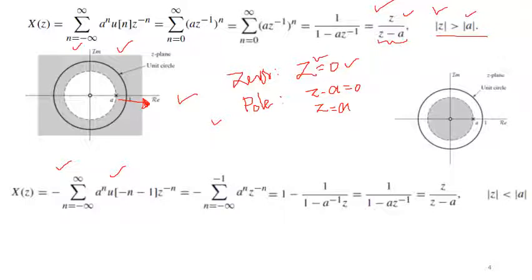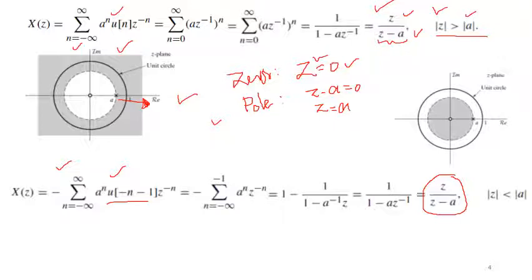Now if you find the Z transform of this one, it again results in z over z minus a. So if you look at the two, although in the time domain both signals are different, one is a right-sided sequence and the other is a left-sided sequence, when we find the expression of the Z transform, both result in the same.